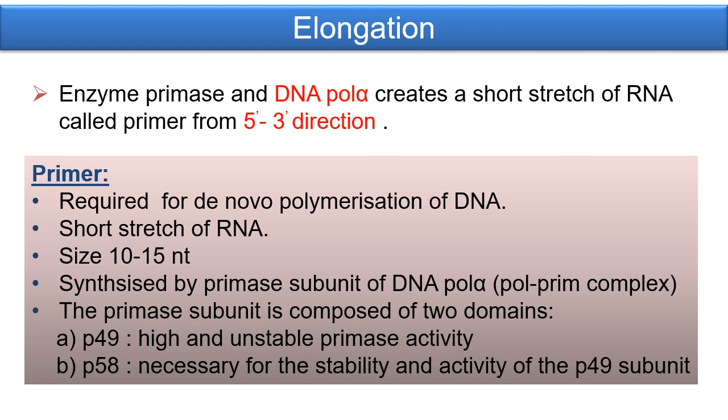Together they form the Pol-prim complex. So we can say that primers are actually synthesized by DNA polymerase alpha enzyme. Now this primase subunit is again composed of 2 domains: P49, which has high and unstable primase activity, and P58, which is necessary for the stability and activity of the P49 subunit.